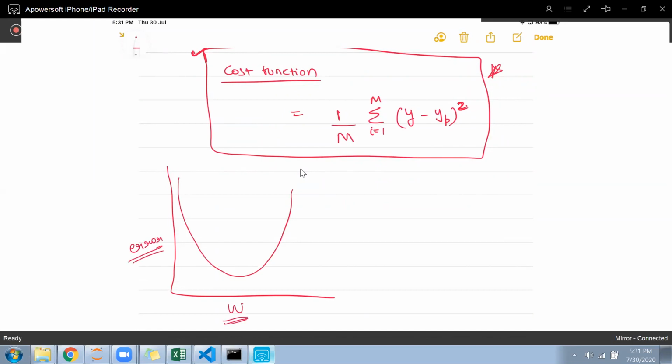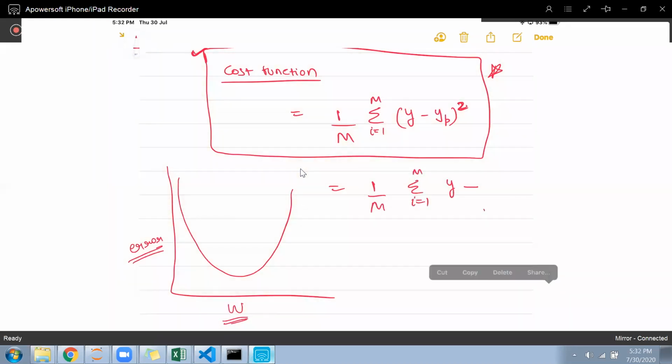Do you think the curve will be like this? No, sir. Why? Because, like, where is this w coming from?